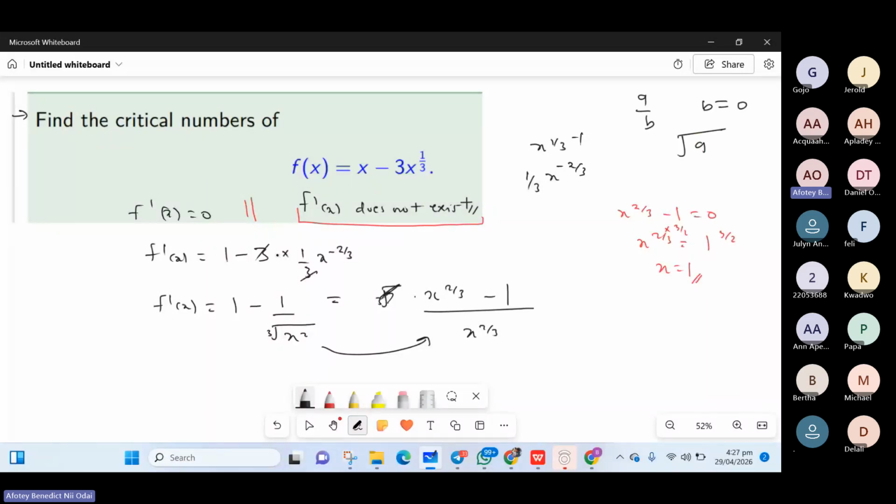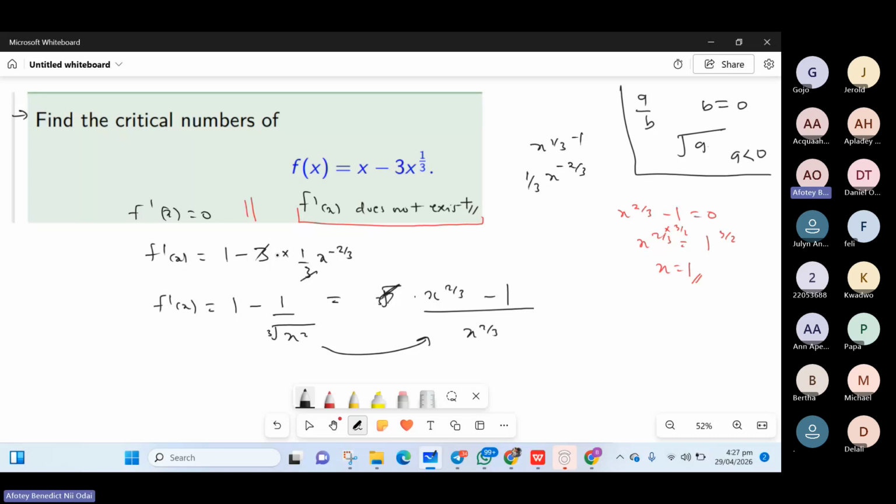For every root a, it's undefined when a is less than 0. Basically these are the two main ones, right? The one that involves a fraction, the denominator should not be equal to 0. And the one that involves a root, a should not be less than 0.